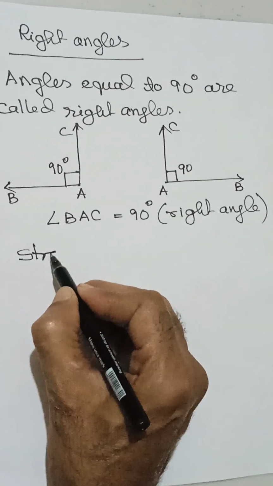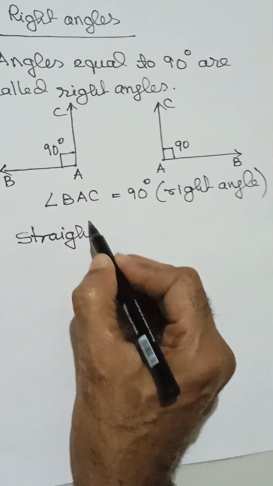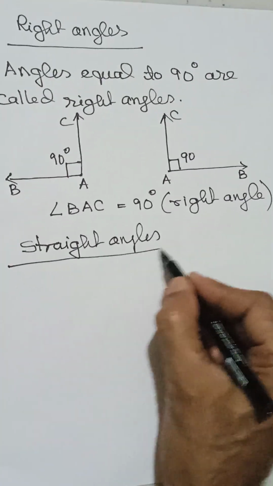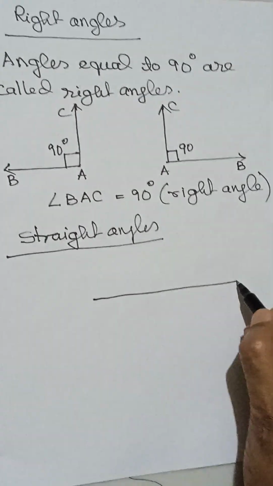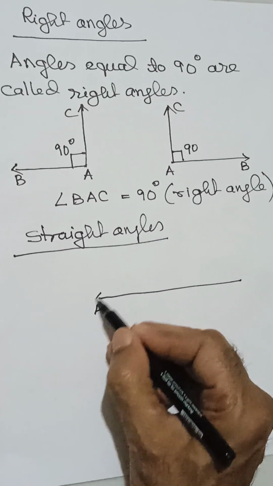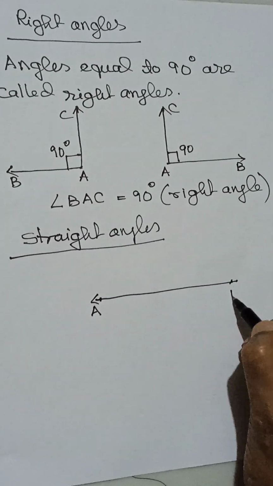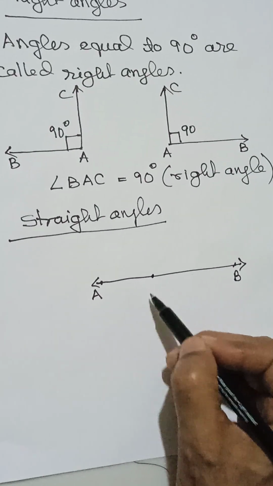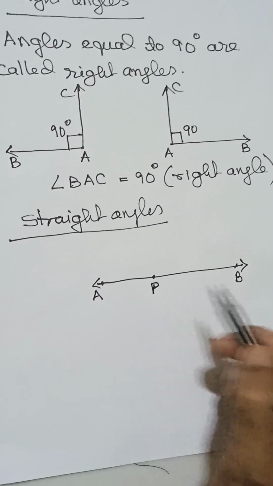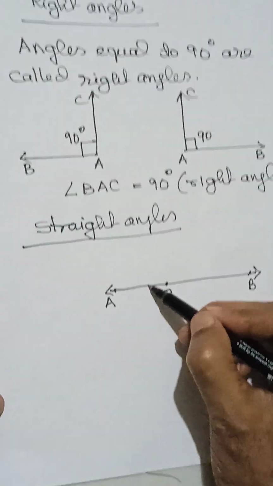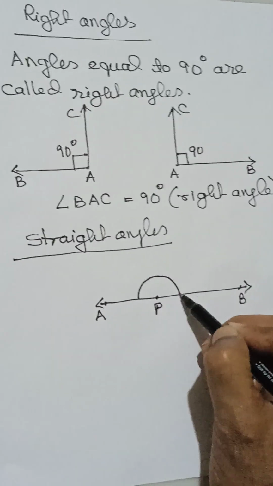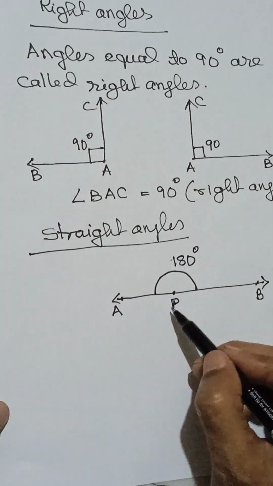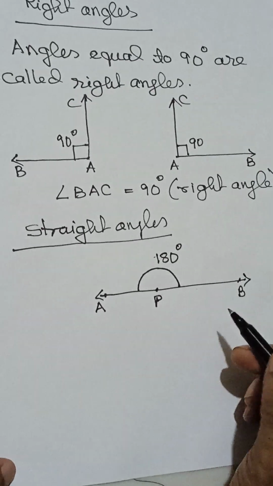Straight angles. Suppose this is a line, here it is A, here it is B, and in between we take any point like this, a point P. Then here also an angle is formed, and this angle is 180 degrees. We call it a straight angle.